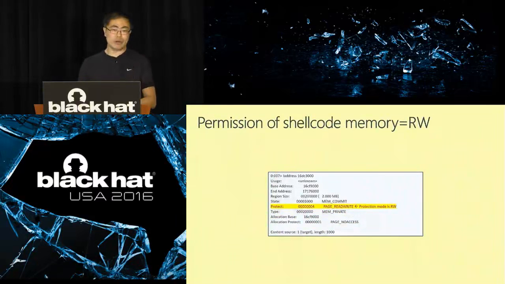And whenever you allocate buffers using the byte array class from ActionScript, the default permission is RW. So even though you put some shellcode there and redirect some control flow there, it will not execute anything because there is no executable bit set.